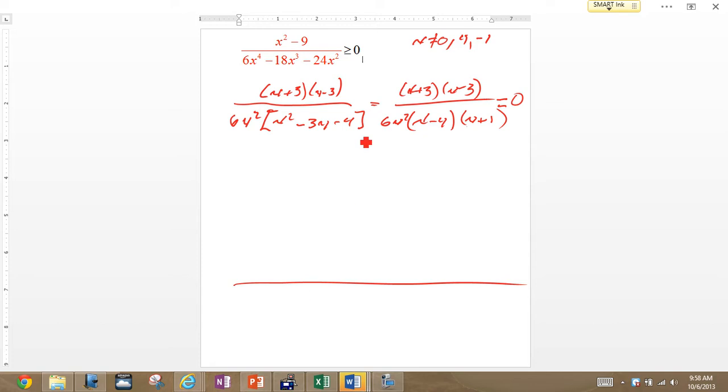So what do we have to be concerned about? In terms of when this is equal to 0, we have x can equal 3 or negative 3. Now these values, even though they're not values that can be equal, they are values we're going to be concerned with and putting in our sign table.